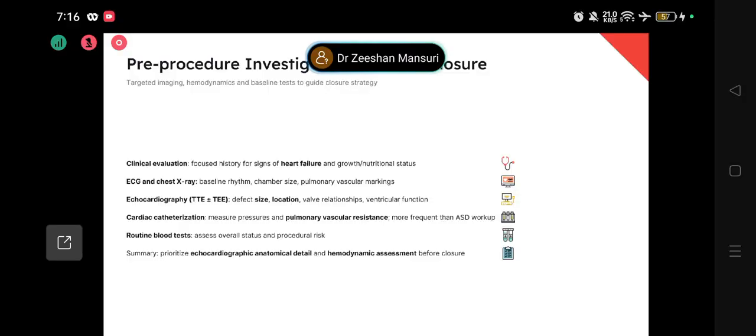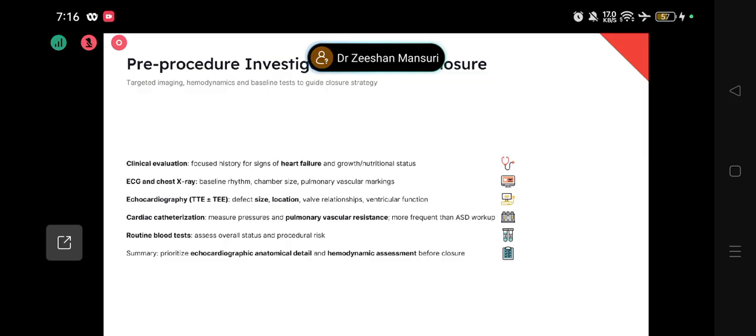Cardiac catheterization to measure PVRI, and then most likely echocardiography. Sometimes there are multiple defects. If there are multiple defects, I recommend that you go for a cardiac CT to check for other associated anomalies of the heart, because sometimes if there are multiple VSDs, there might be another defect in the heart.